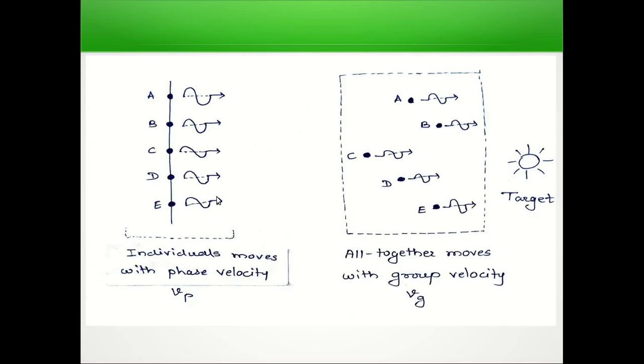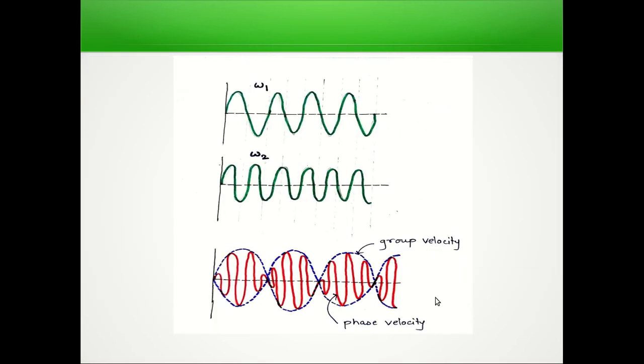Thus, all these individual waves travel with the so-called phase velocity, denoted by Vp, whereas the assembly of all these waves, which form a group, moves altogether with a velocity known as the group velocity, denoted by Vg. So this is the physical meaning of phase velocity and group velocity.